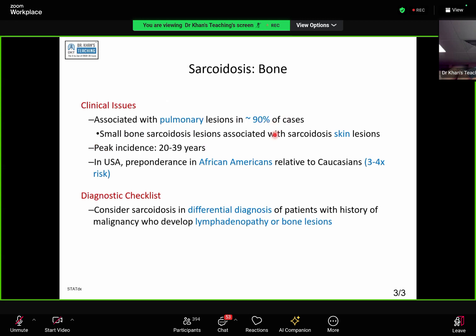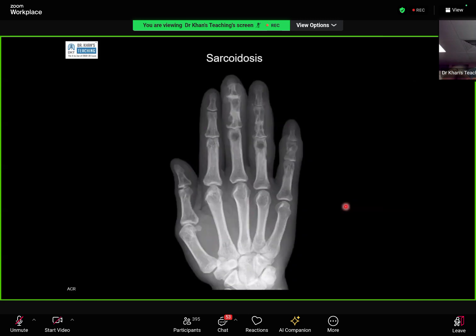So they might show you some X-ray and a plain film as a long case. Small bone sarcoidosis we associate with skin lesions. So remember that soft tissue component can be there. Another case of sarcoidosis, and this one has multiple lesions in the bones in the hands.